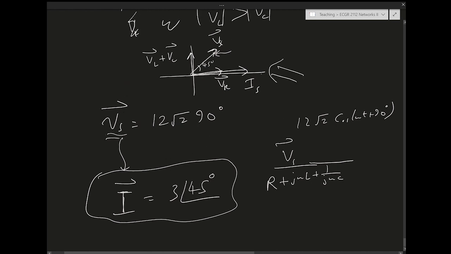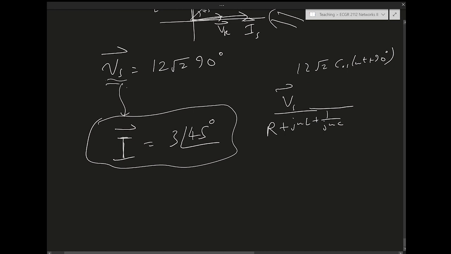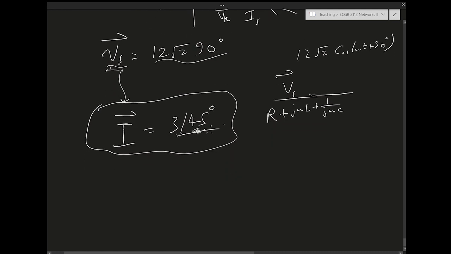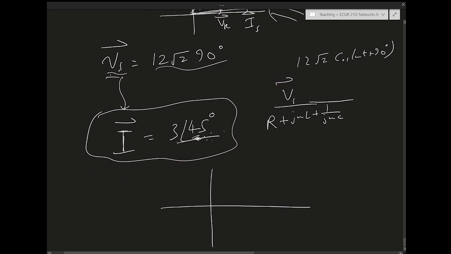This is the phasor diagram assuming IS is the reference at 0. But now, with this new reference, with Vs fixed to this value, we calculated that Is needs to be this. All we have to do now is shift the reference Is by 45 degrees so that it matches its actual Is. So the phasor diagram is going to be exactly the same thing, only with Is shifted 45 degrees.